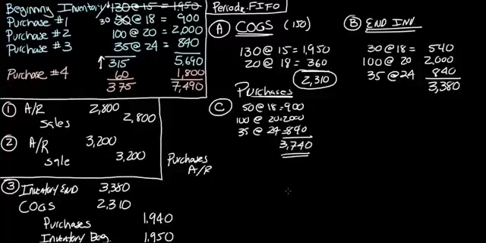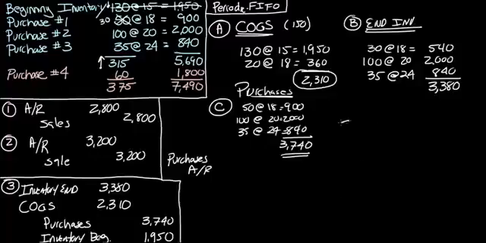It's okay to make mistakes. It's just when you recognize them, fix them. So I need to erase this $19.40 here. Okay, so that's $37.40. So now that journal entry looks right? Yeah, now it's good. So that's my journal entry that I would make under periodic FIFO.